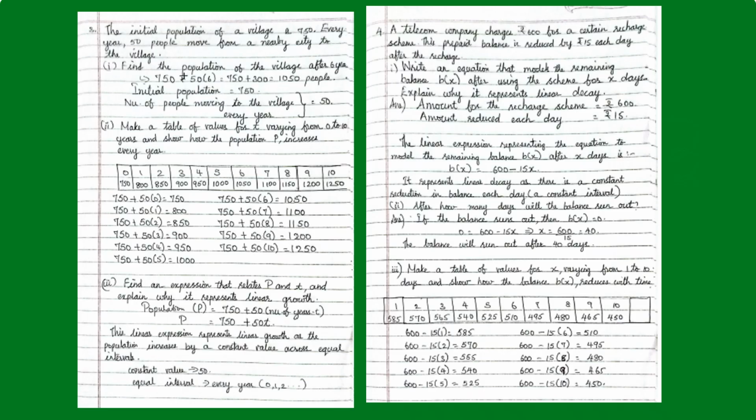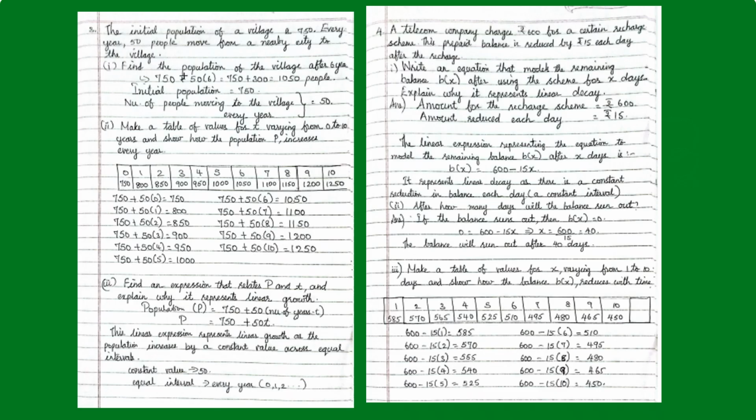Same as the previous sums. Question number 3: the initial population of a village is 750. Every year, 50 people move from a nearby city to the village. Find the population of the village after 6 years. If people are moving into the village, it's an example of linear growth. By how many people?